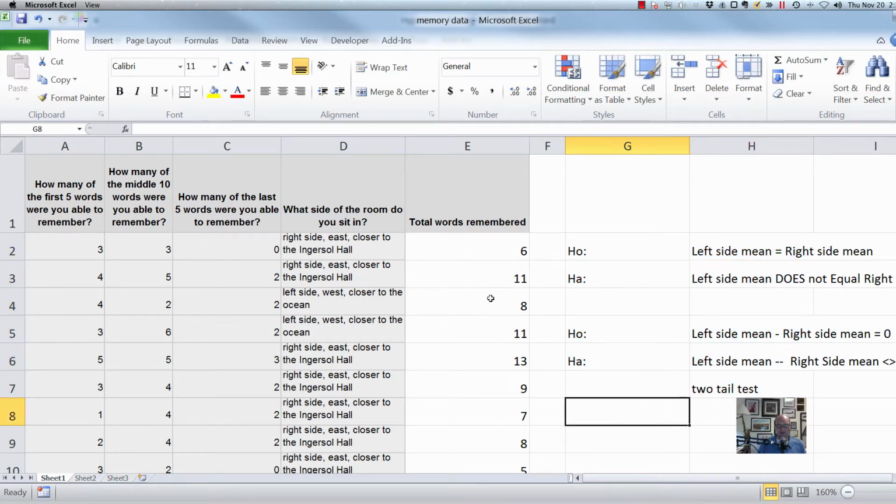We're going to let Excel calculate the actual test statistic. But a test statistic is just a t-value, right? In this case, though, the t-value is not as straightforward. We're going to have to figure out how much the means differ from one another, and then how far away is that from 0 in terms of some standard error.